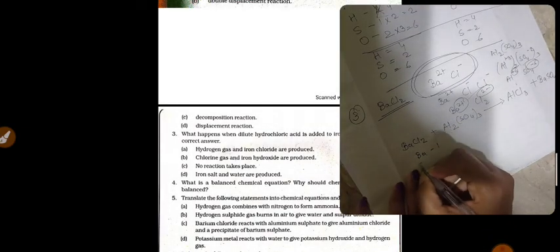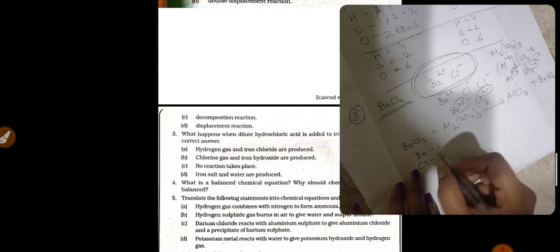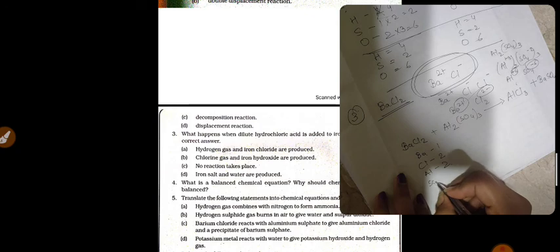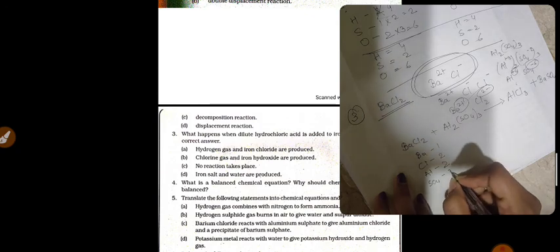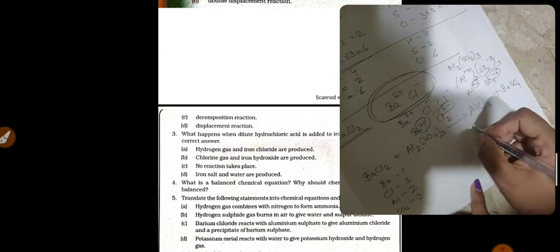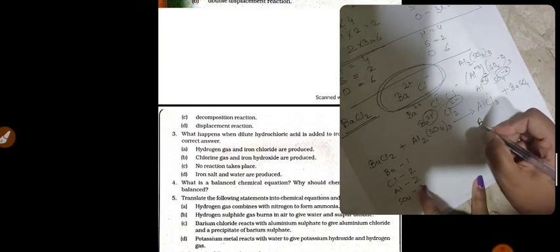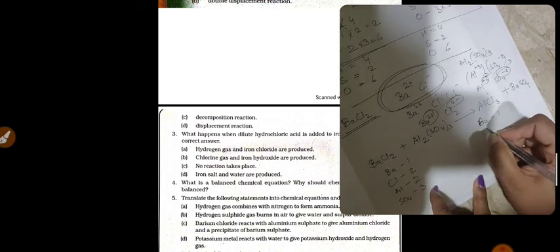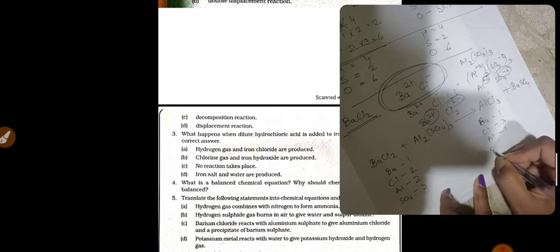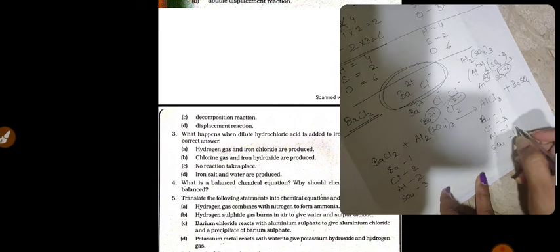Barium 1, chlorine 2, aluminum 2, SO4 3. On this side, barium 1, Cl3, aluminum 1, SO4 1.